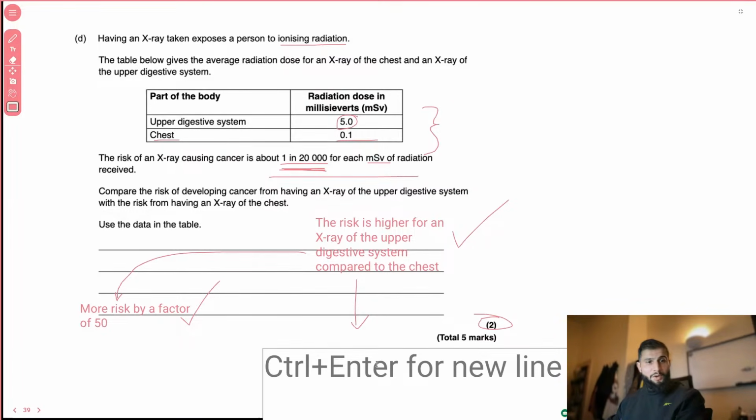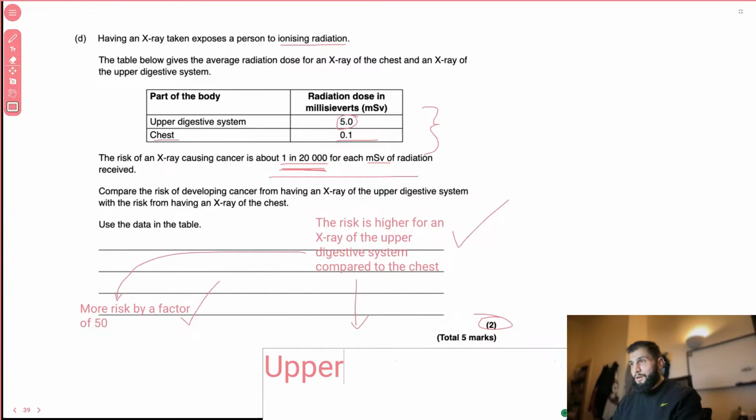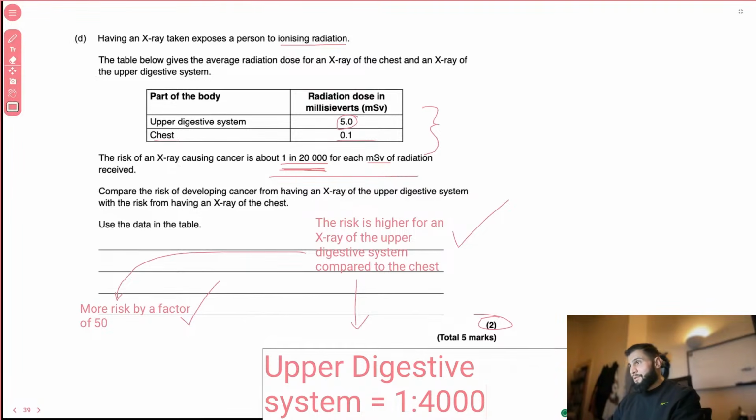So what is the chances? So for upper digestive system, we just divide. So there's 5. So 5 in 20,000. That would mean for upper digestive system, that gives us a 1 in 4,000.